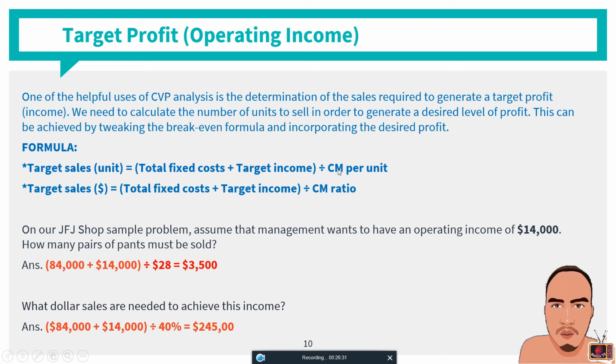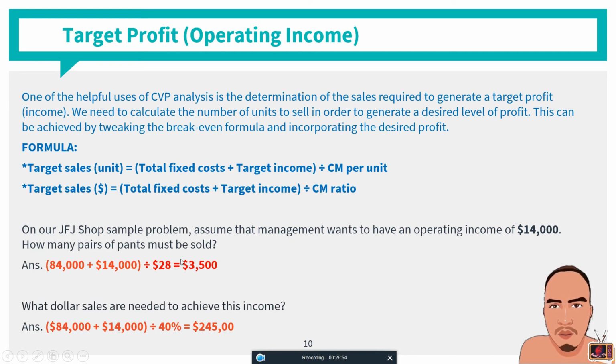So this is the contribution margin per unit, $28. So it would equal 3,500 pairs of pants. So meaning for us to achieve a $14,000 profit, we need to sell 3,500 pairs of pants.